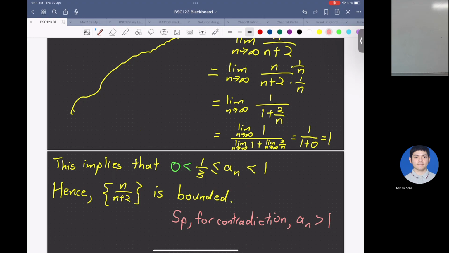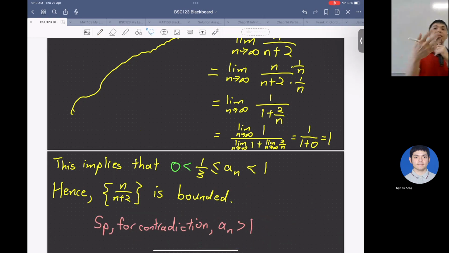Then you have terms that are far away from 1. In that case, 1 cannot be the limit anymore. You need to understand this. So if you have a term that is greater than 1, then the next following term is also greater than 1, right?